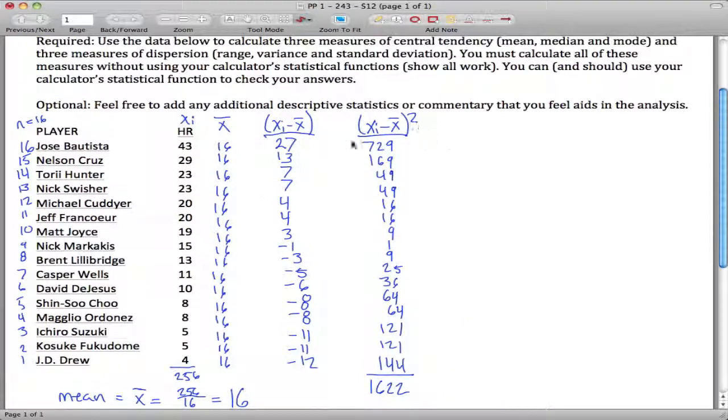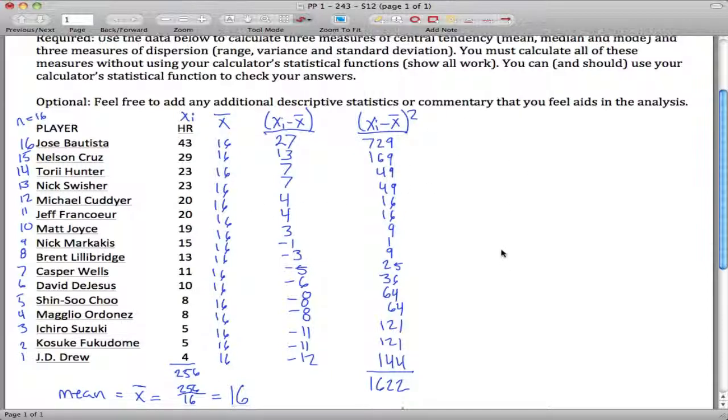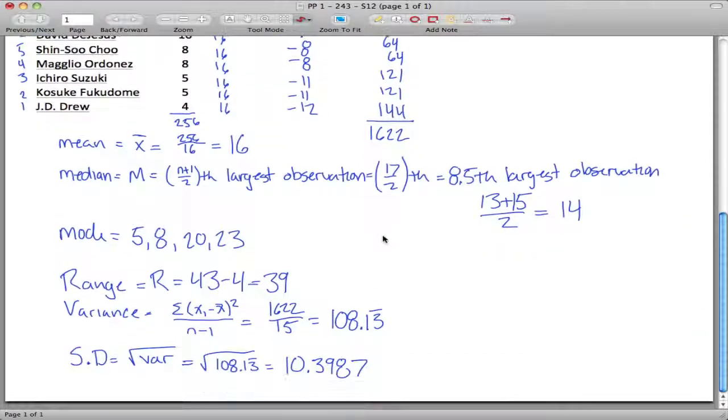You could do some commentary. You could make a stem and leaf plot or a histogram, or there are a few things you could do with this. The thing that would jump out to me is that the mean is bigger than the median.